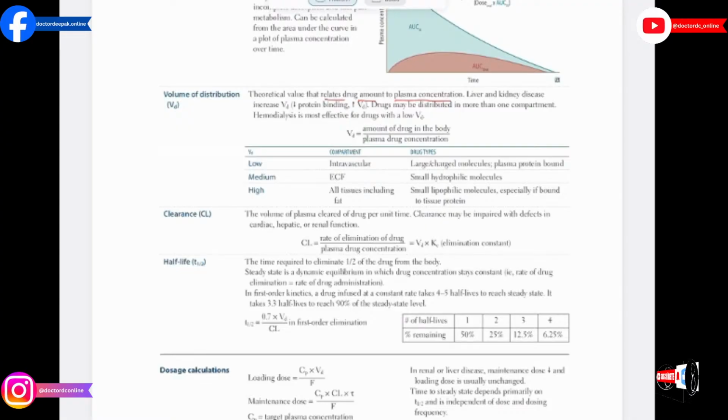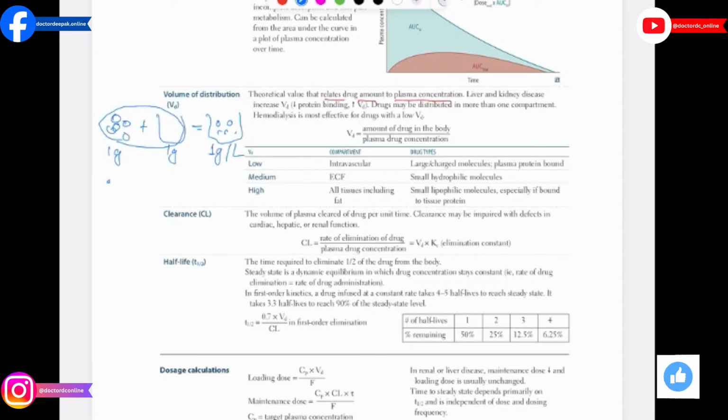For that, I want to give you an example. For example, take 1 gram of some molecules, and 1 liter of fluid. If I combine both, it gives 1 liter containing 1 gram, so the total concentration is 1 gram per liter. Okay?